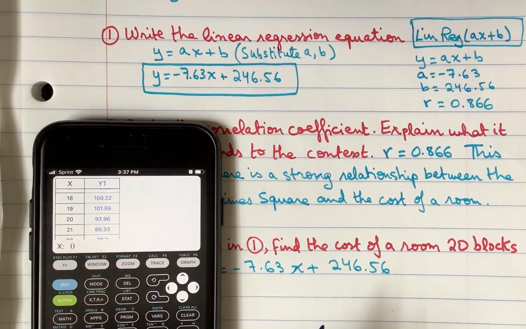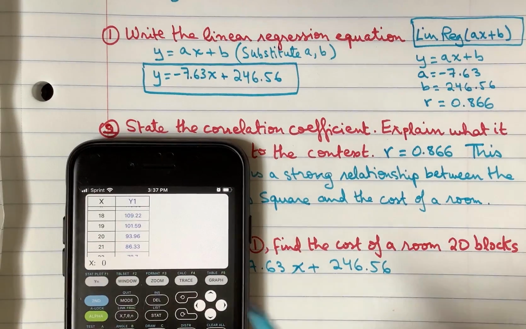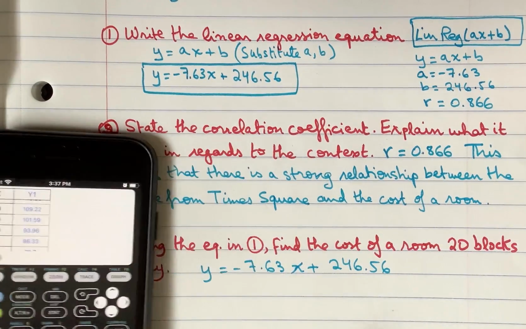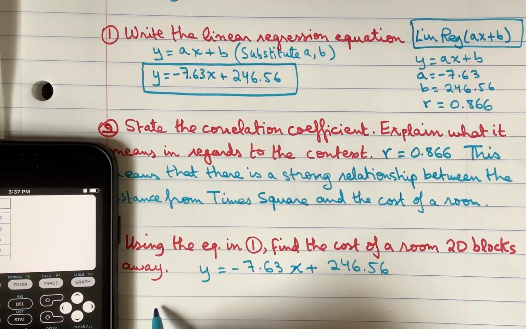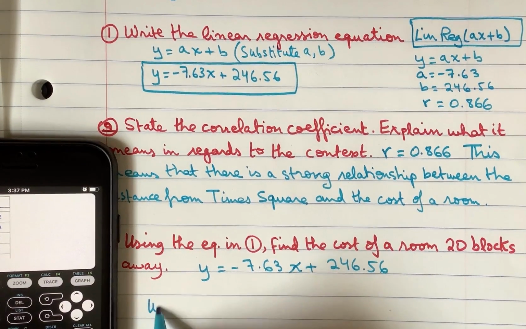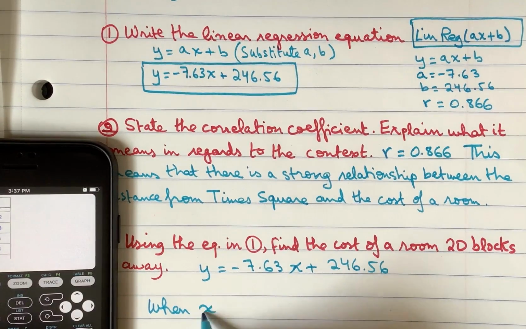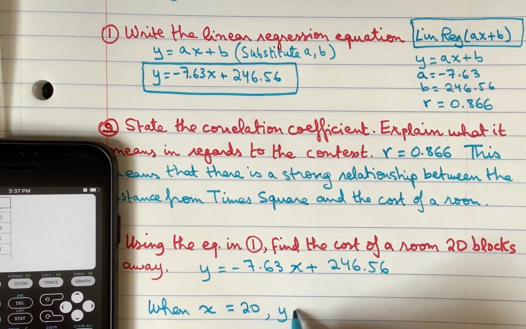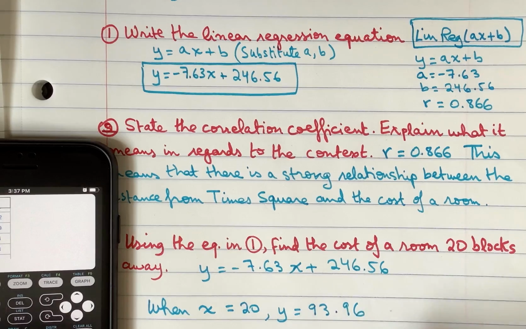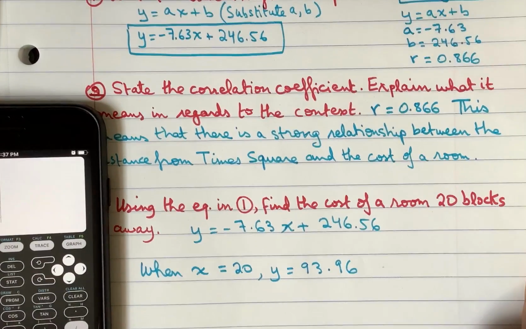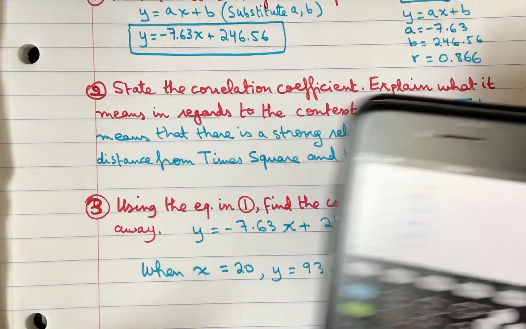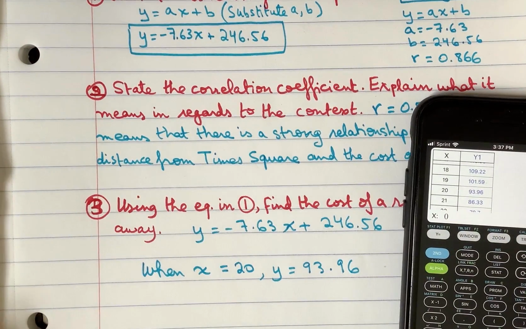You can say when x equals 20, y equals 93.96. Or you can put a sentence: the room would cost $93.96, which is fine.